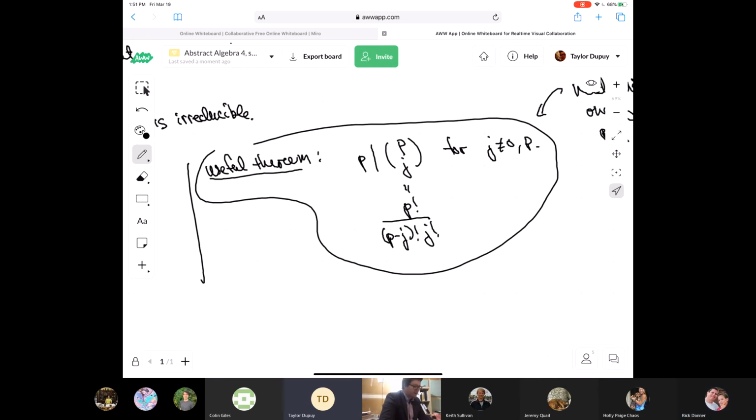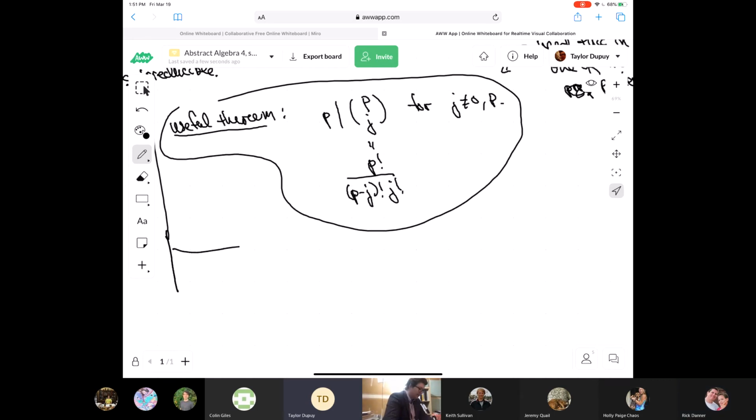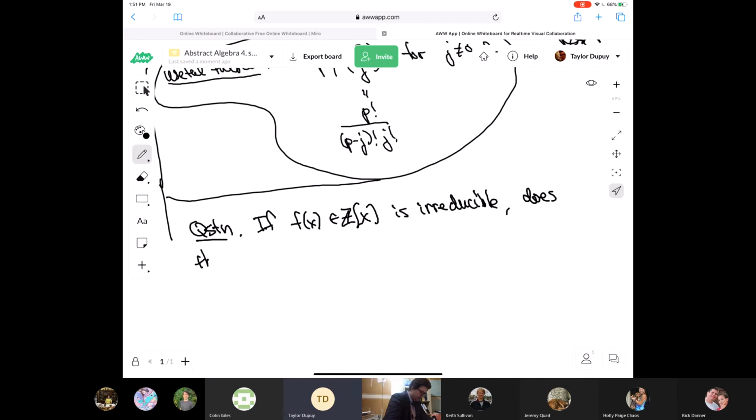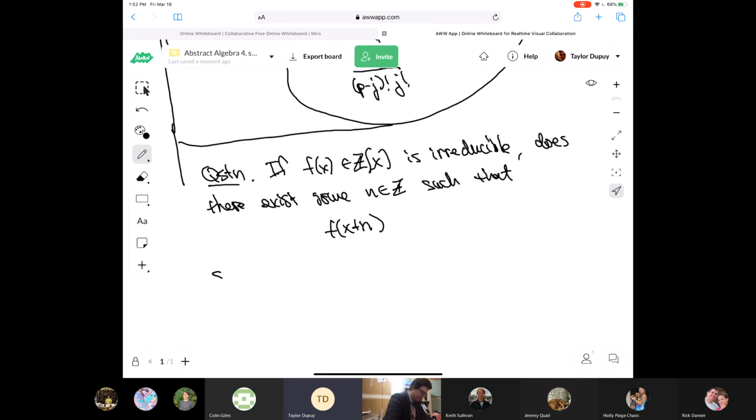So a good question, and I don't know the answer to this, is: if a polynomial f is irreducible over the integers, does there exist some n in the integers such that f of x plus n satisfies Eisenstein?